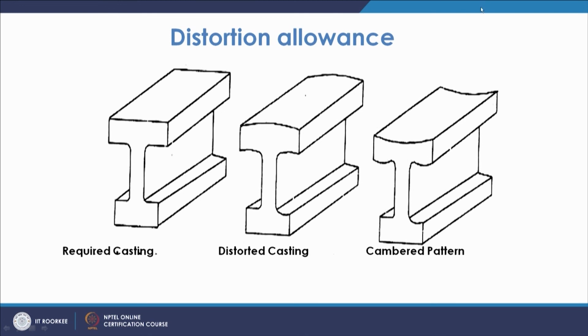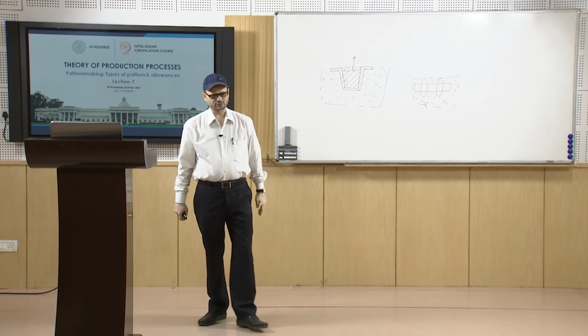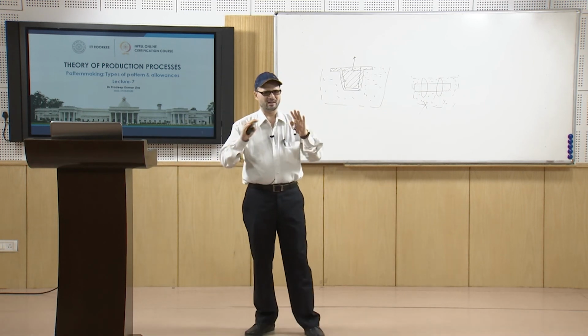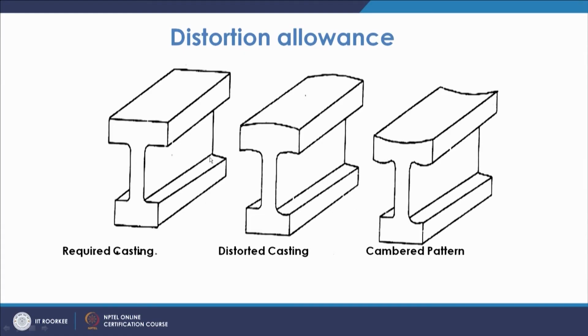So, ultimately after distortion you will have the casting distorted in such a shape. For that, we normally give a certain camber to the pattern, some angle, so that once it sags a little because of its weight and shape, it comes out as a flat product. That allowance is known as camber allowance or distortion allowance.